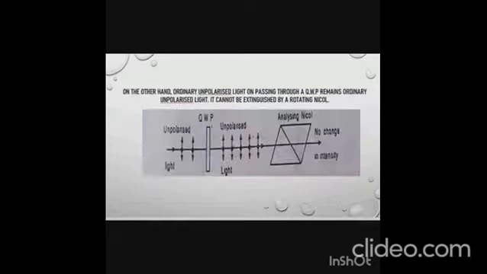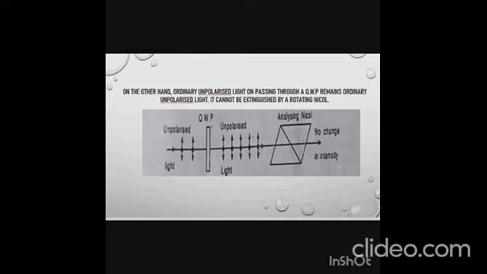Production of circularly polarized light: circularly polarized light is produced when the amplitudes of the O and E rays are equal and there is a phase difference of pi by 2, or a path difference of lambda by 4, between them.